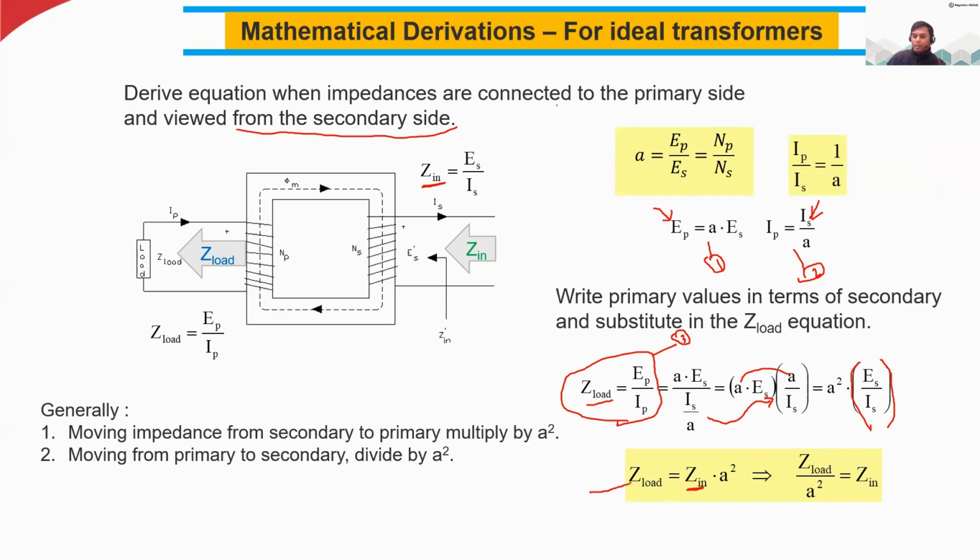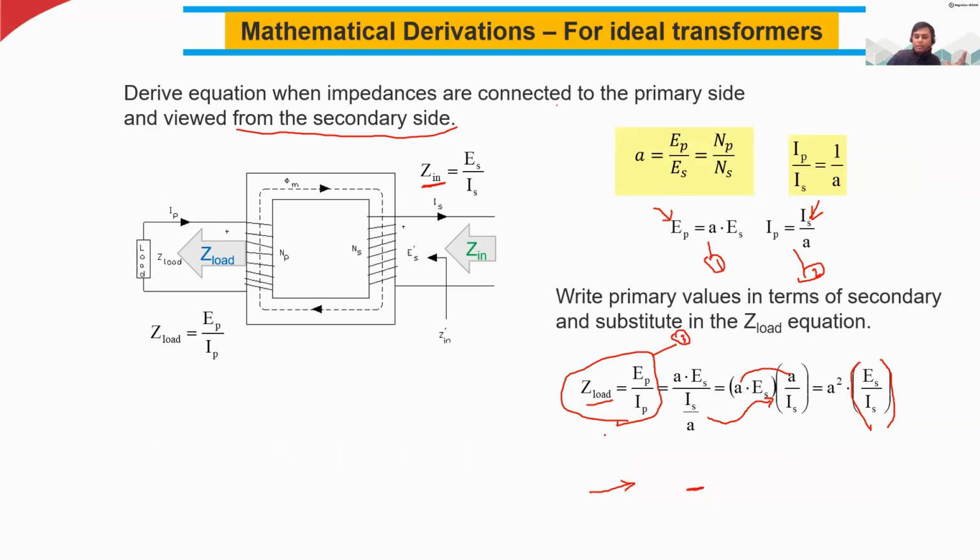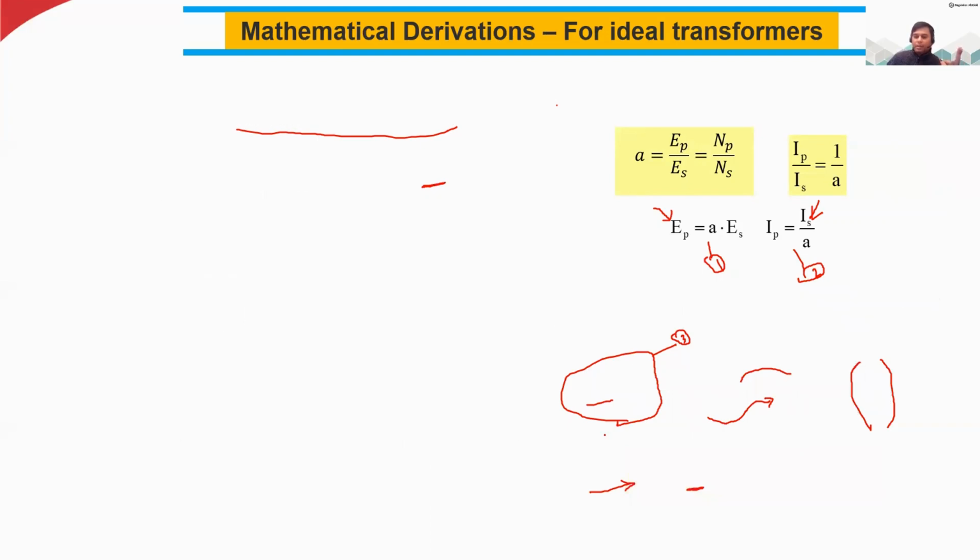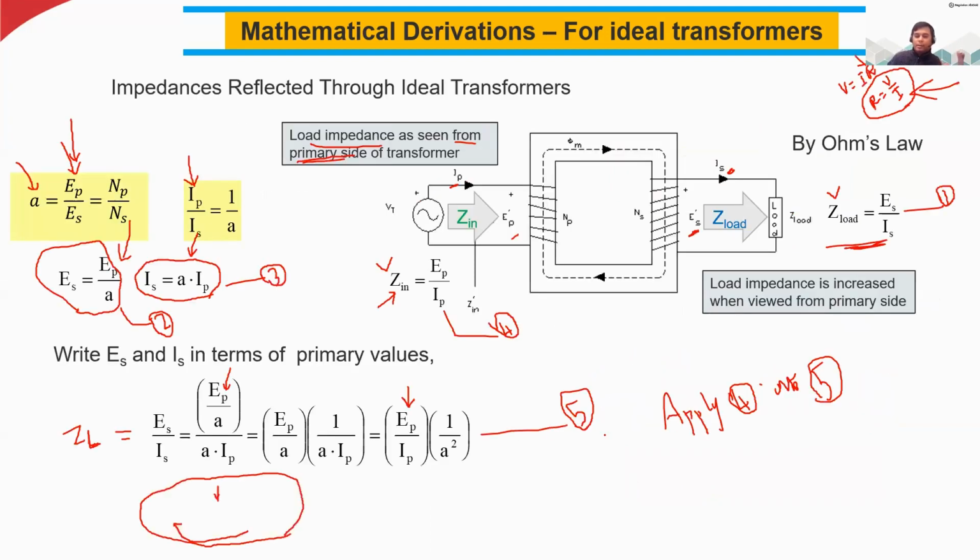Now we know the formula for load impedance when we view from the secondary side. So now we found two formulas. Similarly, if you want to find only the input impedance, you have to bring this A to the left side. So Z in is equal to Z load divided by A square. Now we found two equations for the same load impedance and input impedance.